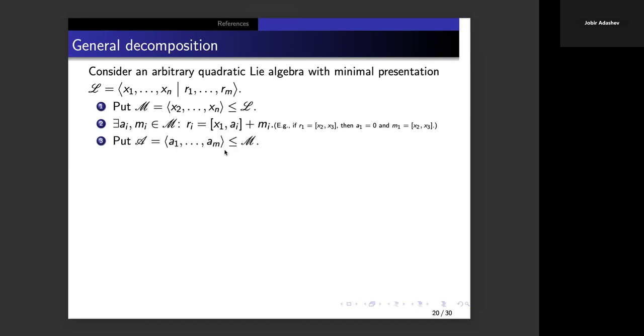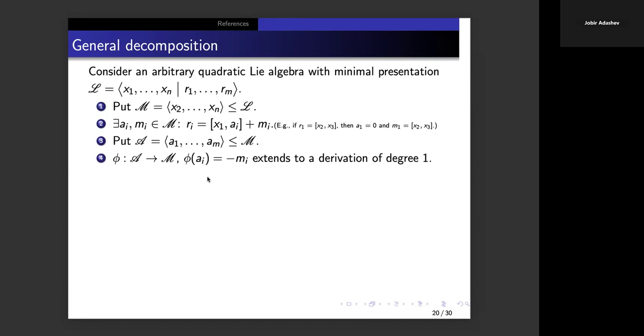Okay, now one can define another standard subalgebra that is generated by the elements A_i, which are by definition elements of M. So this will be a subalgebra of M. And finally, we define a derivation of degree 1.